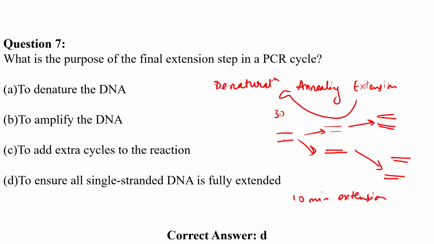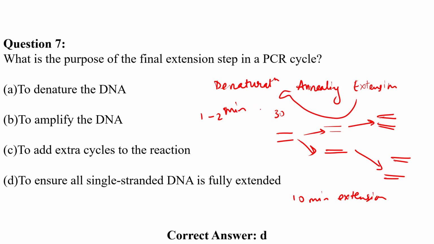That means this cycle is going on very fast, within 1 or 2 minutes we are denaturing the DNA, annealing the primers and extending it. Again we are denaturing the DNA, annealing the primer and extending it. Each cycle is hardly 1 to 2 minutes long.